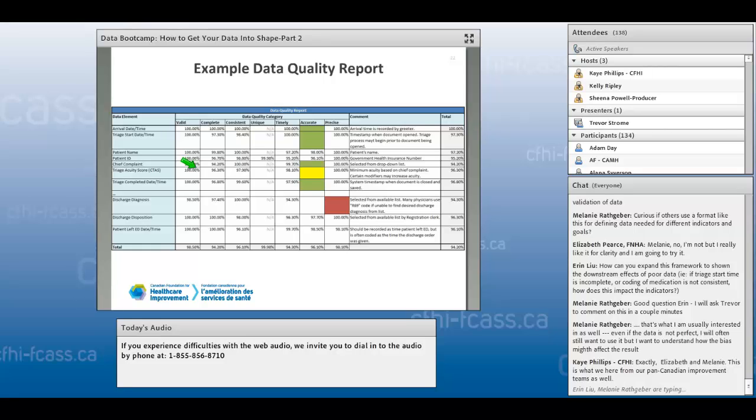So, for example, in this case, all the data that we have is validated at source, and so it's valid in our database.